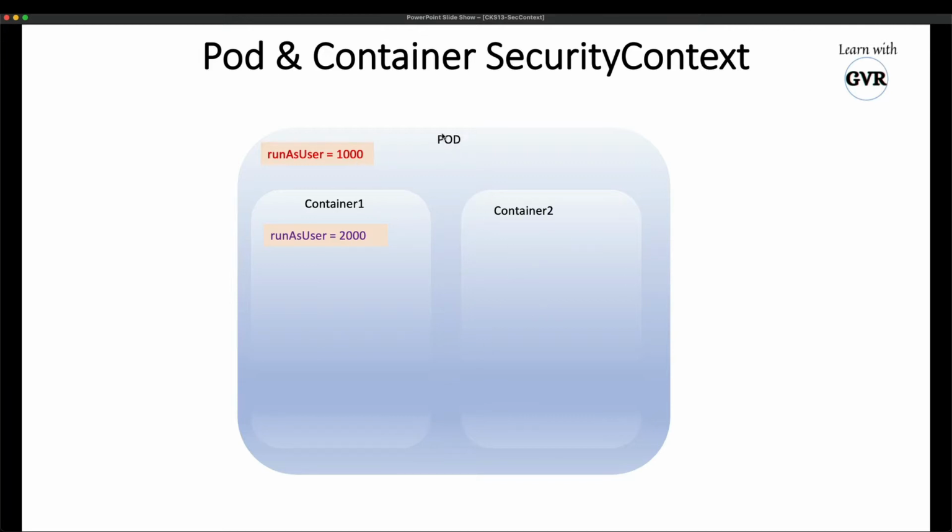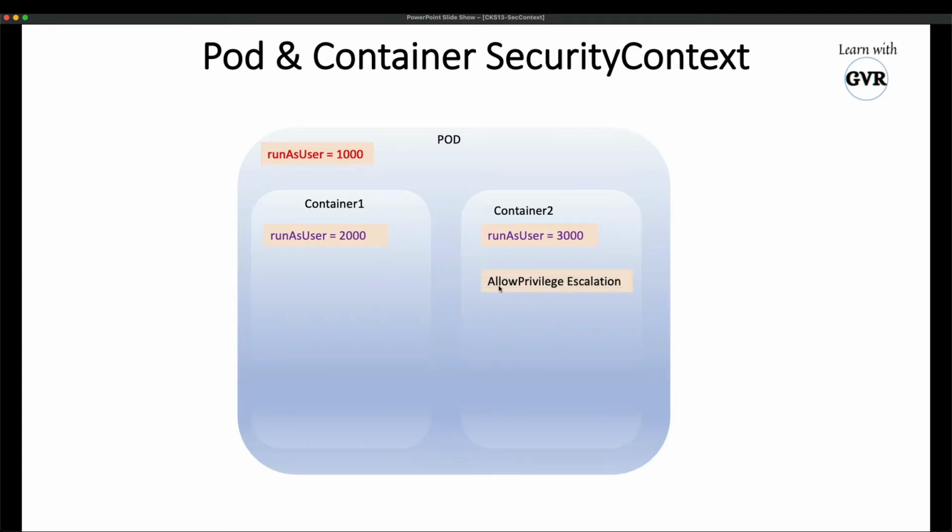So this is the root level, this is the child level. The child level will inherit from there. That's how the container security context will work. Then here, say if I specify 3000, then this container will run as 3000, and this container runs as 2000. Then there won't be any problem, because these users have limited permissions. Something like that, you can set up your containers.